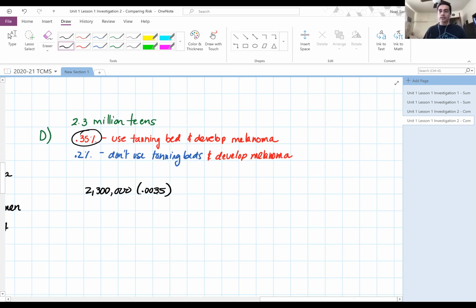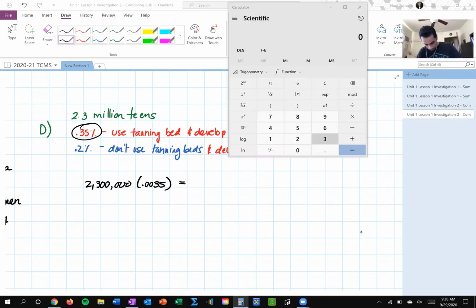This is going to tell us how many of the teens would develop melanoma if they did use tanning beds. And what we're getting is that the value would be about 8,050.